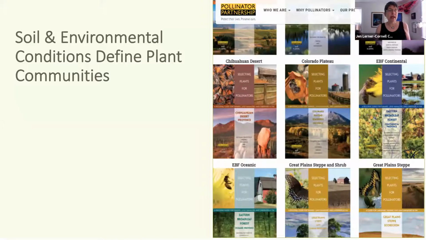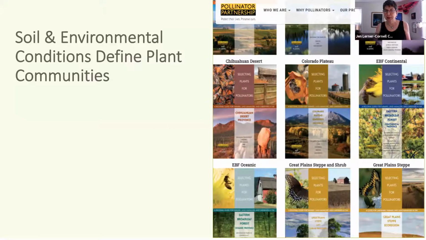But first, looking at the real definition of why something is native, what it needs to succeed in that natural environment. And looking at the soil and environmental conditions that a plant needs, that defines the plant community. And if you look on the right, it's a little blurry, but I think you can probably make it out. These are planting lists from the Pollinator Partnership.